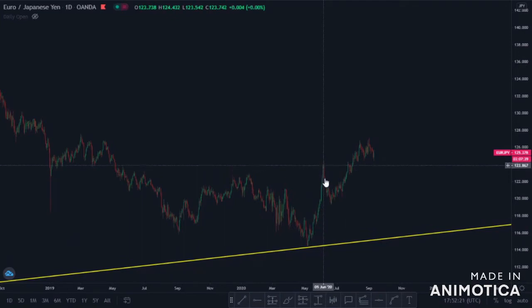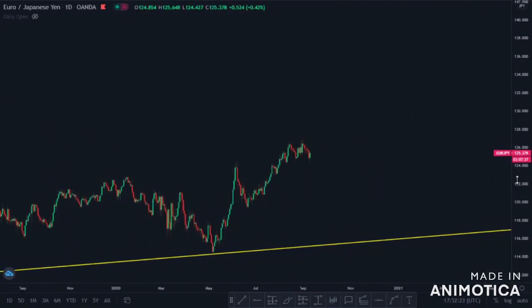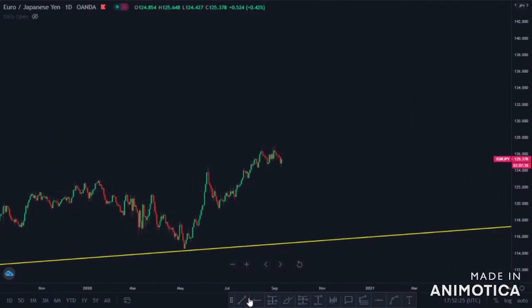Okay, because like remember, the market moves in phases. All right, it gives you an impulse, and then after that it gives a correction, and then after that gives another impulse. Okay, so impulse, correction, continuation.